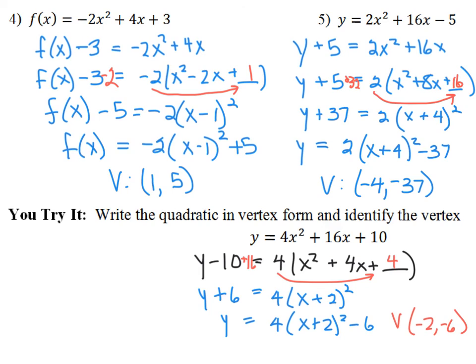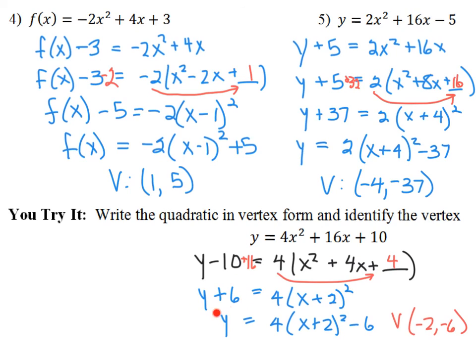Take a look at my answer. In the first step I subtracted 10 from both sides, and I factored the 4 from the right side. Complete the square. So to complete the square I took half of 4, which is 2. 2 squared gave me a 4 right here. So I added 4 here, but then I multiplied to get the 16 on the left side.